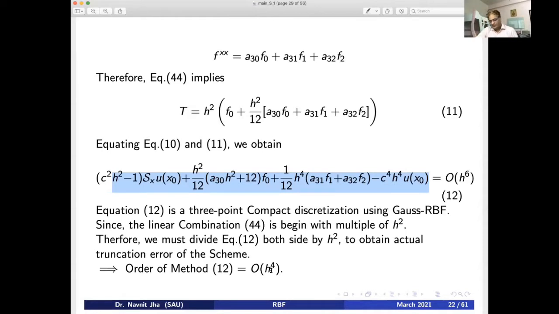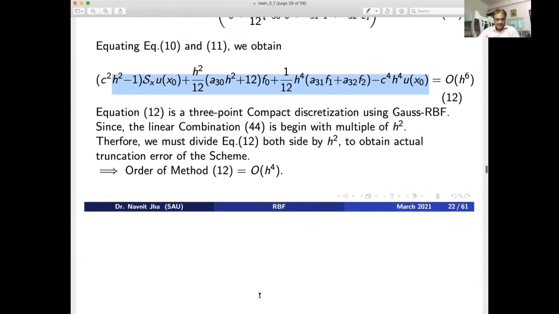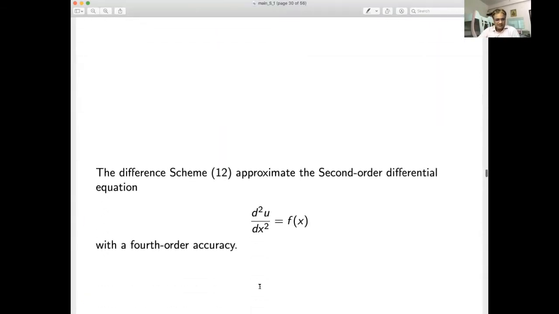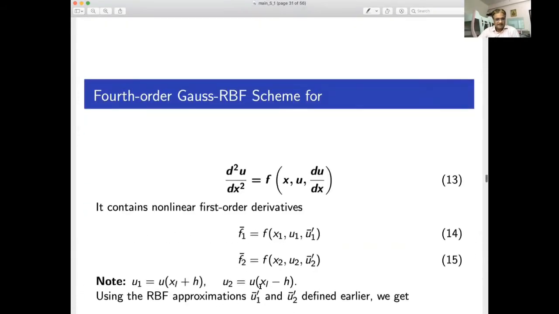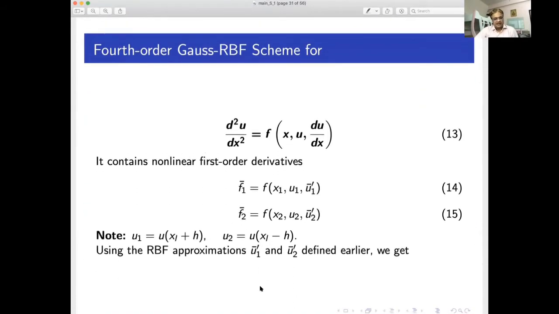Now we extend this method. Extension is quite easy compared to the derivation of the basic scheme. Now we extend this high resolution scheme to the most general non-linear form. This is what I have written: fourth order Gauss radial basis function scheme for d2u by dx square, which is a function of x, u, du by dx.